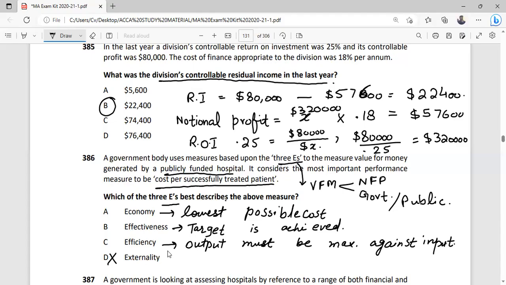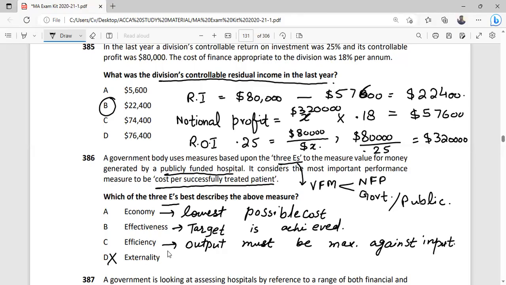We want to determine what would be the efficiency of this particular service, or what would be the output of this particular service, because we are paying cost for it.